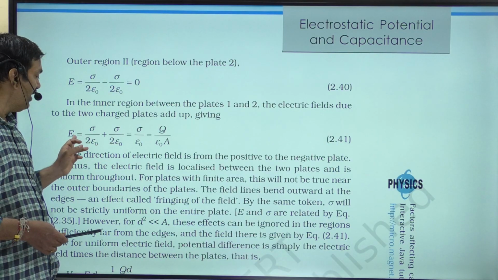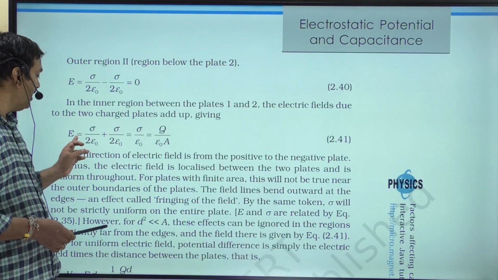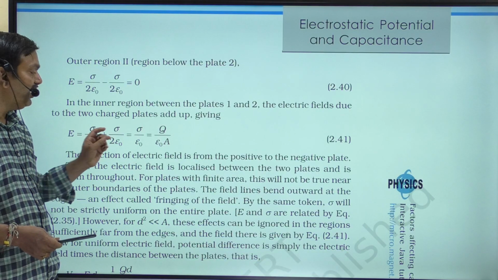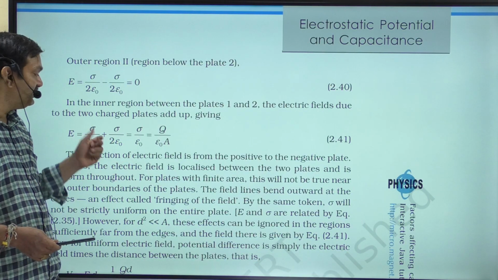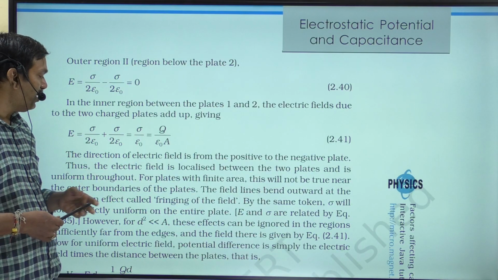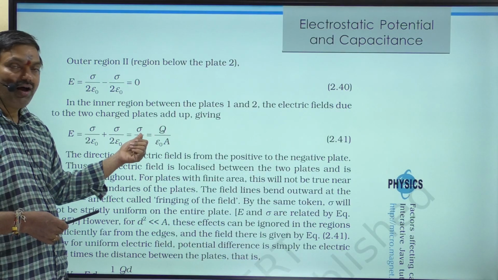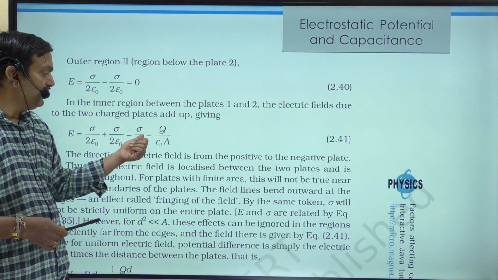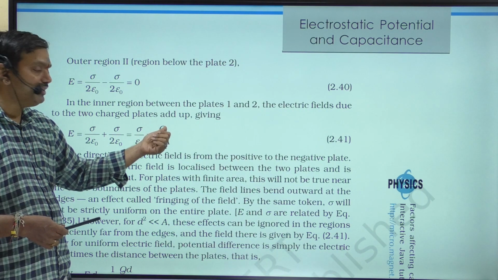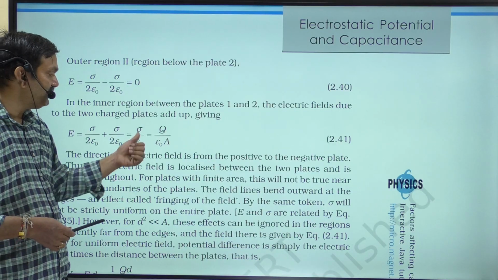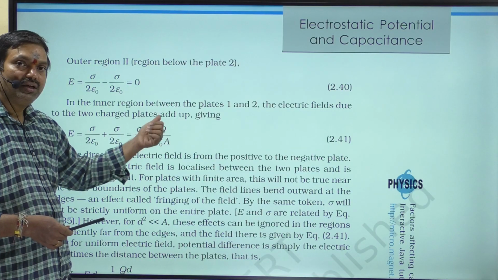So finally, in the region between the plates, the electric field must be summed. Because of the positive charge distribution and the negative charge distribution, it is going to be sigma by 2 epsilon naught plus sigma by 2 epsilon naught, which is nothing but sigma by epsilon naught. And sigma, because it is surface charge density, we can replace it by Q by A, charge per area, because the basic definition of charge density is charge per area.